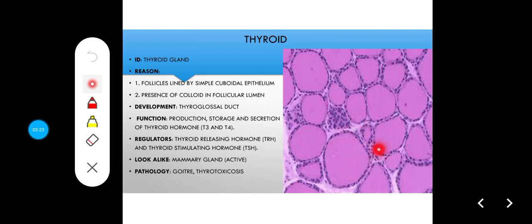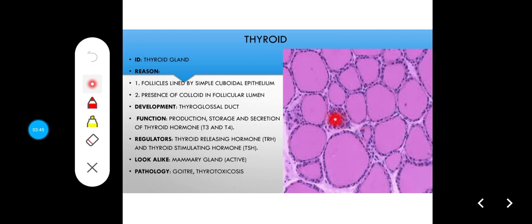But then if the follicles are inactive, the cells will appear more flat, and then you see abundant amounts of colloid. One of the major constituents of this colloid is the thyroglobulin. So that's it.